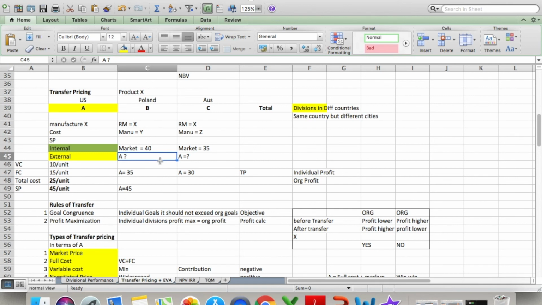Let's look at it. B's market price is 40. A's selling price to its market is 45. So B would say, let's negotiate a price such that A gets a certain profit markup, and the price is lower than B's market price. If they negotiate a price at $35, that means A is making a profit of 10 per unit.